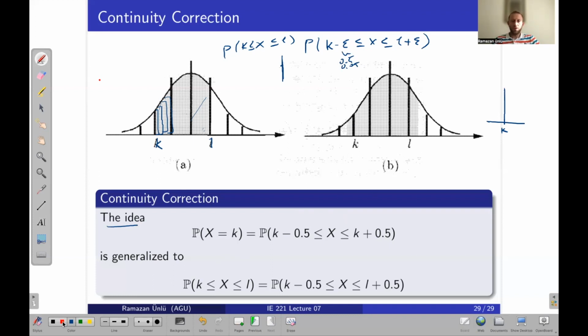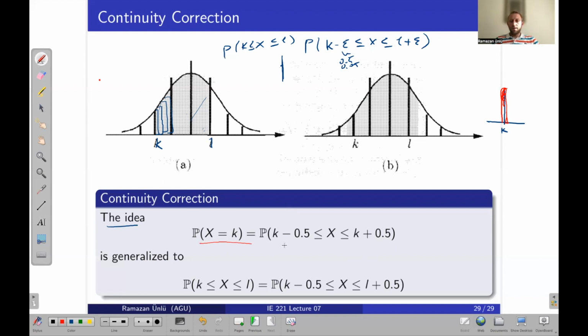So what did I do? I just created a tiny rectangle, okay? Something like that. So in this case, I am sure that this rectangle will cover the point K. So this is the main logic.